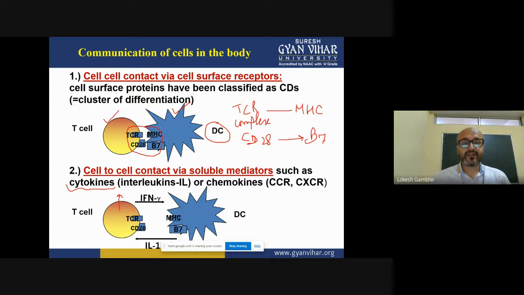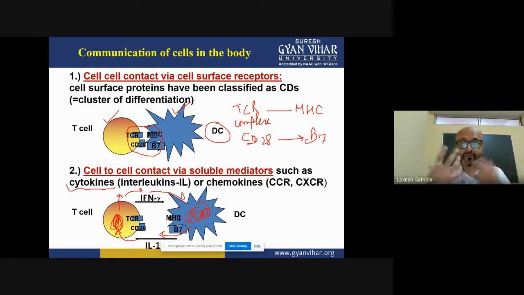We call them cytokines because they are giving information from cell to cell. The T cell has released a certain cytokine which will be taken up by these antigen presenting cells, and then changes will start happening. They have secreted certain information in terms of cytokines which will be taken up by this cell, and again changes will start happening.